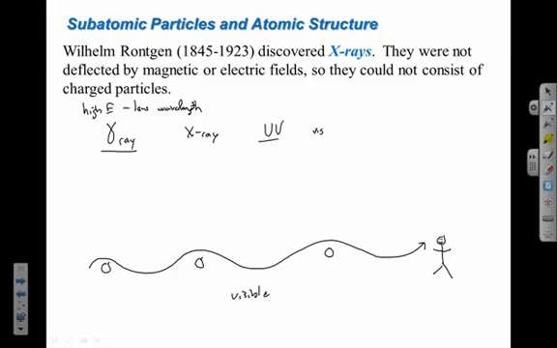I mean, the UV isn't as dangerous, but over time it can mutate your DNA and break up the structure of your molecules. The energy can break those molecules up. And then you've got visible and IR and microwaves and then radio waves. And these, as we go from left to right, become less and less dangerous.